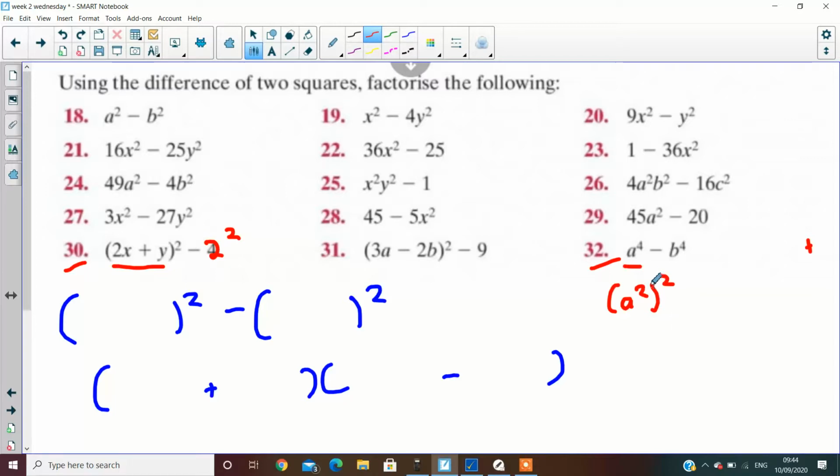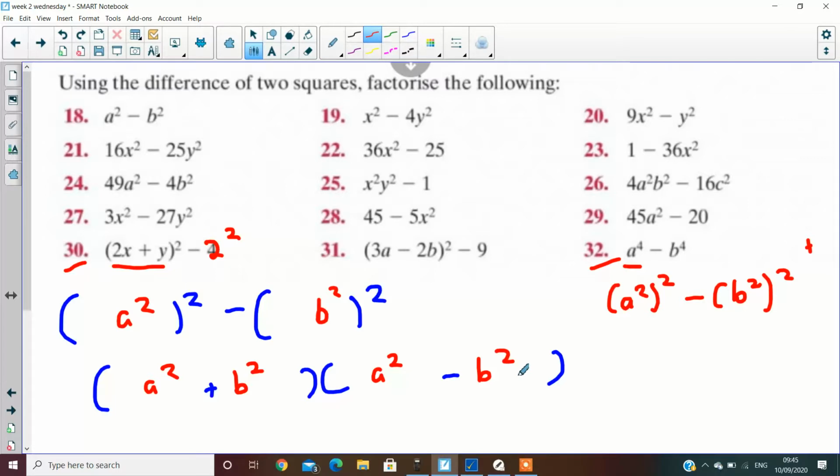A to the power of 4. What's b squared squared? B to the power of 4. So a squared minus b squared equals a squared plus b squared and a squared minus b squared. Everybody cool with that?